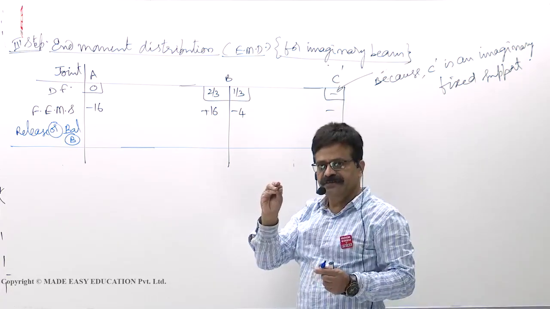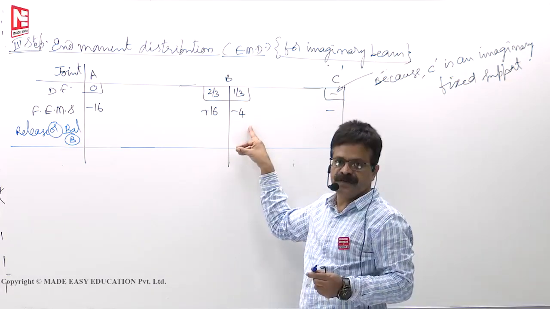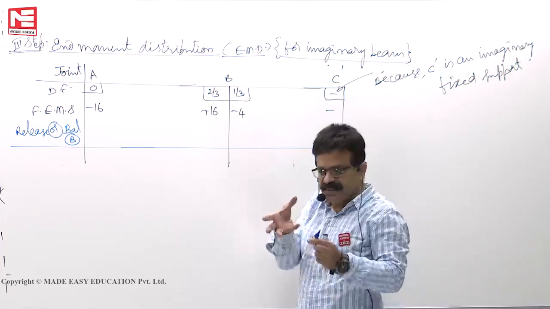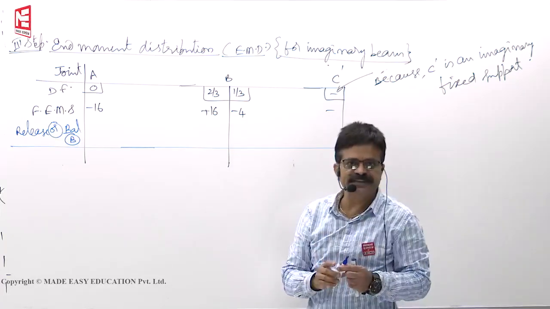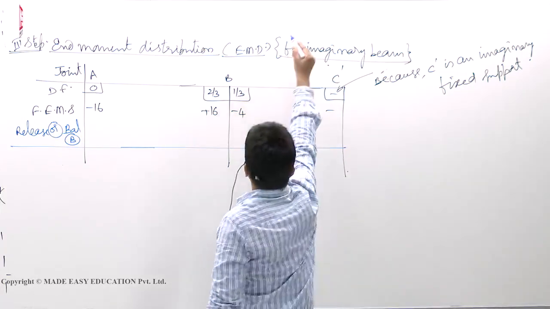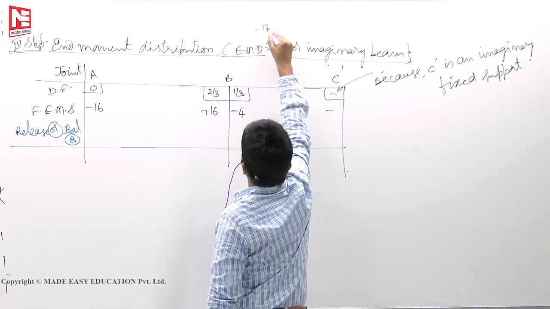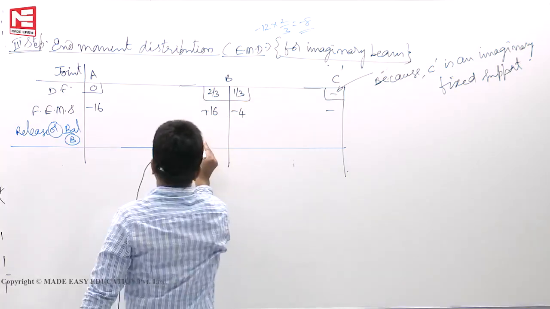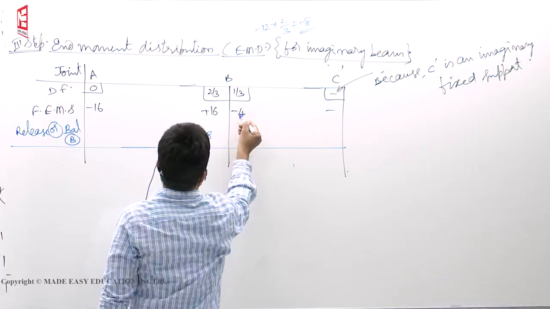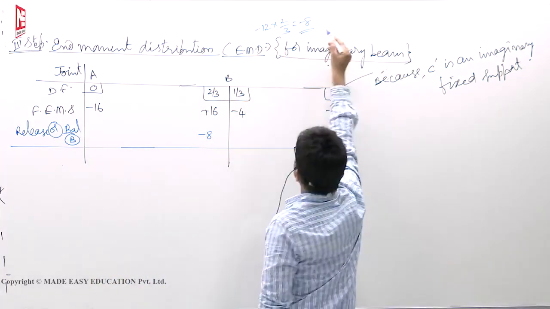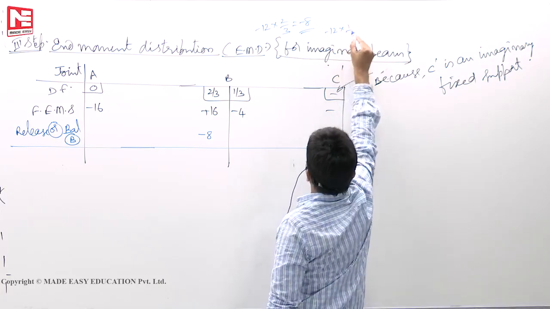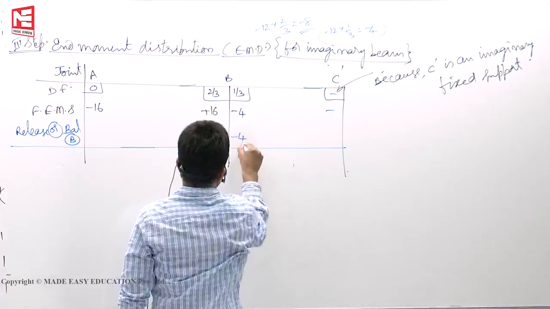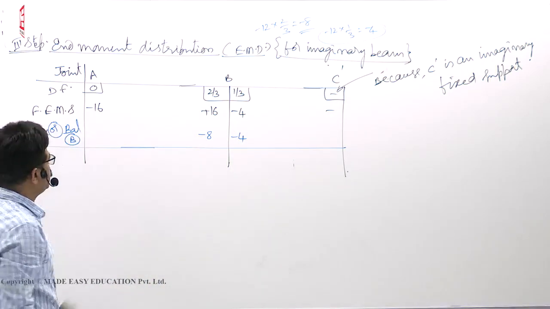Your joint locking moment is plus 12. Unlocking, if you apply minus 12, the fixity is released, it is now free to rotate. Whatever theta B is there, it will happen. So minus 12 into 2 by 3, so minus 8. Then minus 12 into 1 by 3, you will get minus 4. Like that, minus 8, minus 4. This is how you will release.